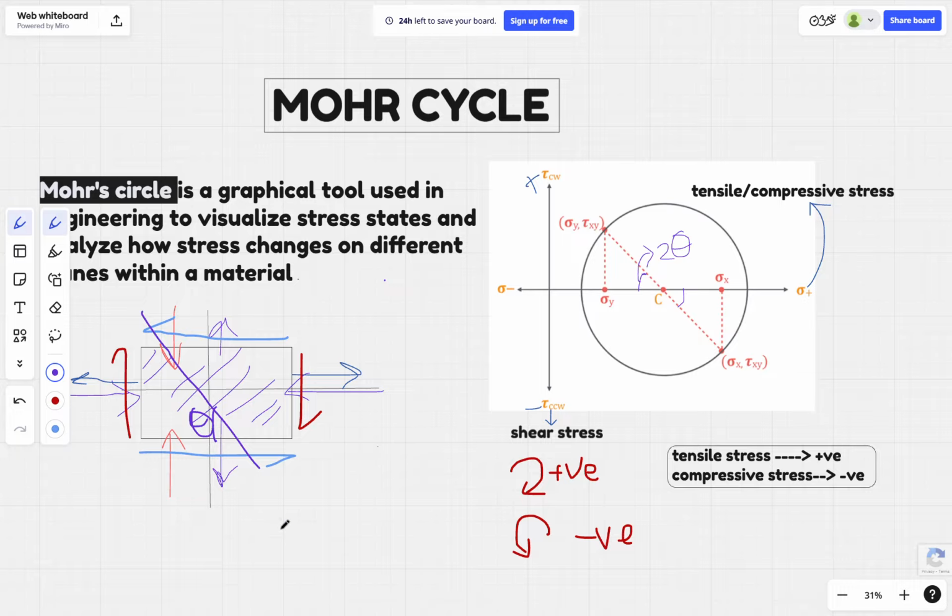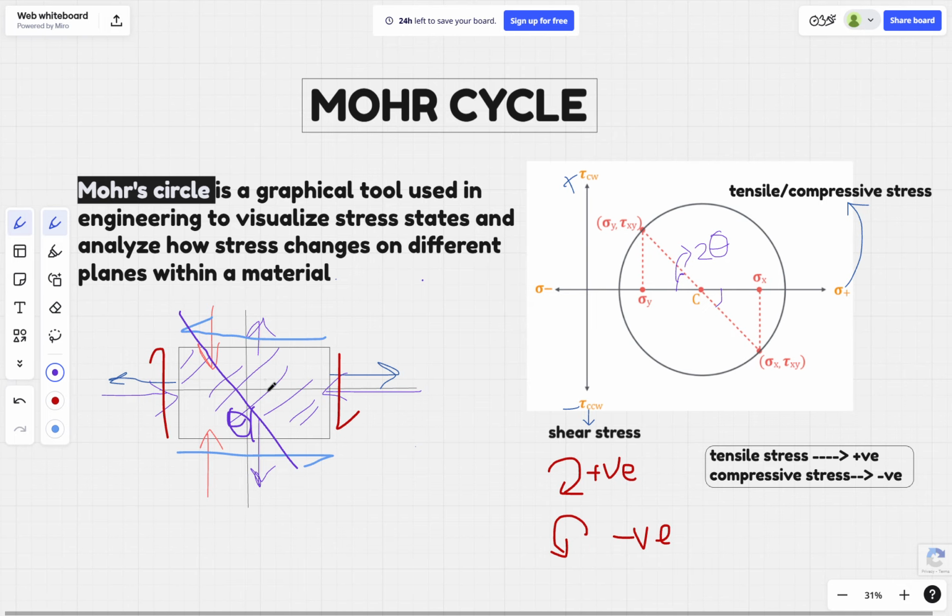In the Mohr circle we use it like that. Look, so this is an object. If we incline the object by theta degrees, then how will the force act, or what will be the maximum force, or the minimum force, or the maximum shear stress, or the minimum shear stress?